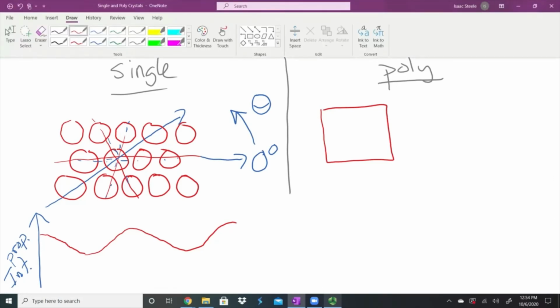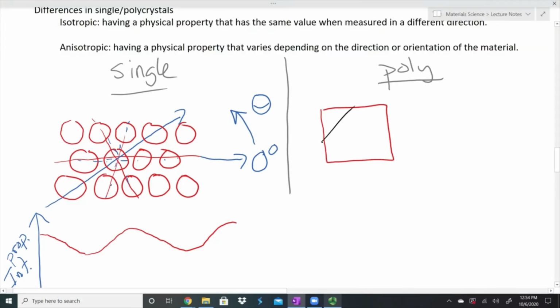Let's say I have different grains, and this one I have going in one direction. I have this one going in another direction. And these are all in slightly different directions, or maybe vastly different directions, all of my grains here.